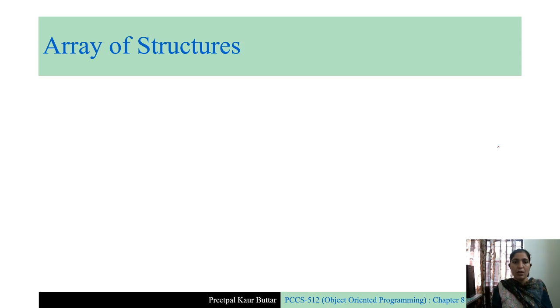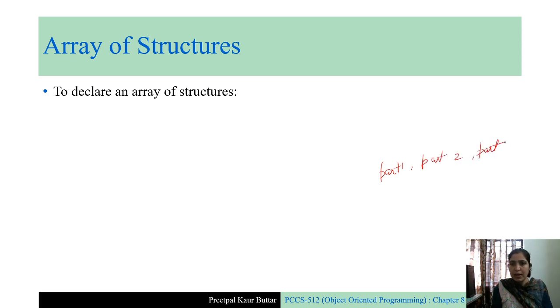The next topic is array of structures. Instead of creating 3 variables, part1, part2, part3, if you need to create 10 such variables, will you write such a comma separated list? No, we do not need to do this.